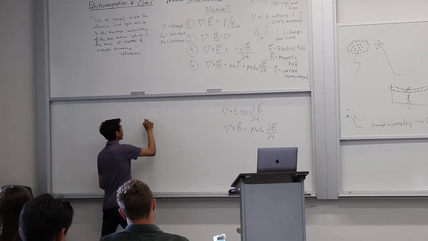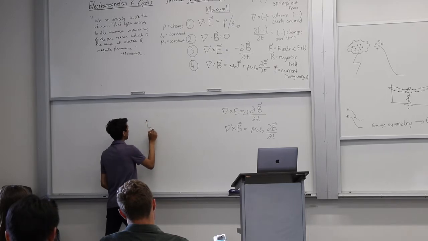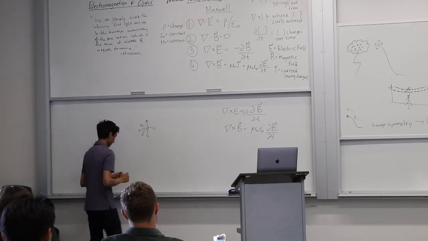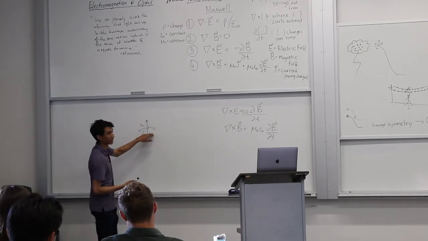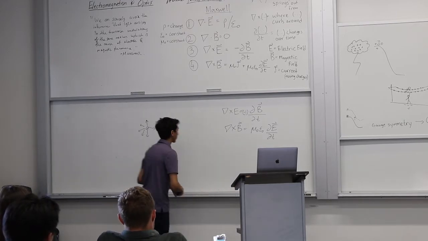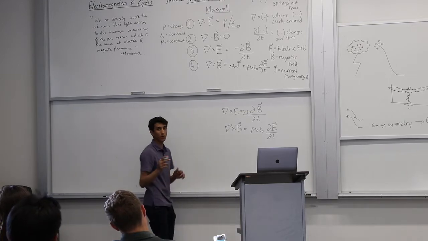I showed you electric fields coming out of an area like this, so electric fields can look like this. Now I'm going to show you how electric fields end up looking in a light wave. This isn't a perfect drawing.